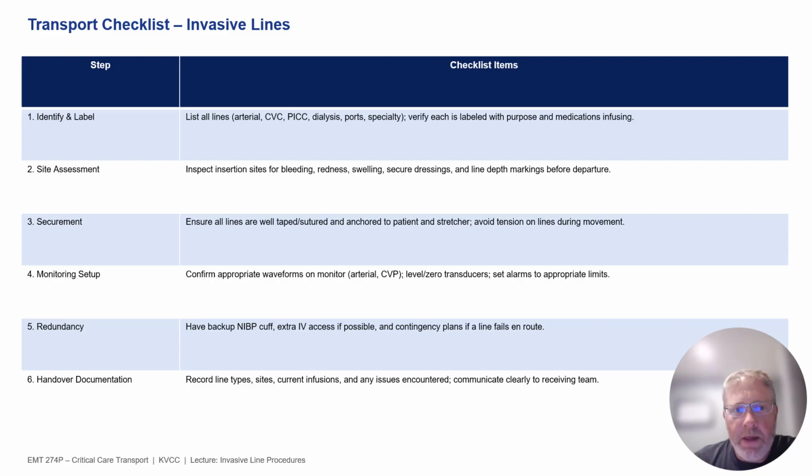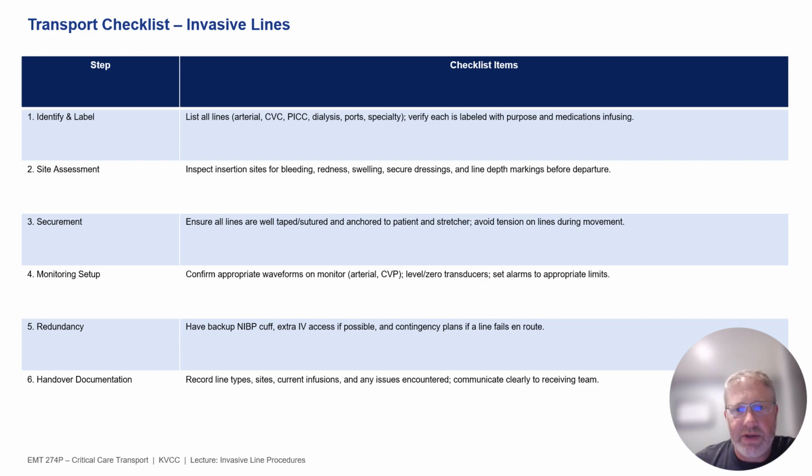Step three: make sure that every line is taped down and anchored to the patient and the stretcher with no tension. That's really important, especially in a mobile environment. Step four: confirm that the monitoring is set up correctly.